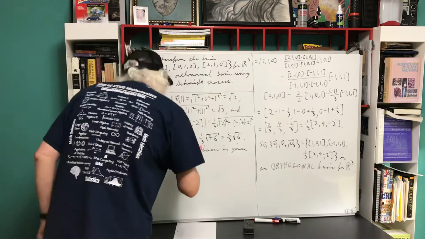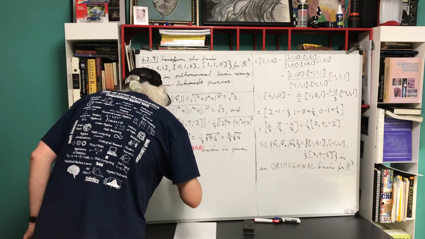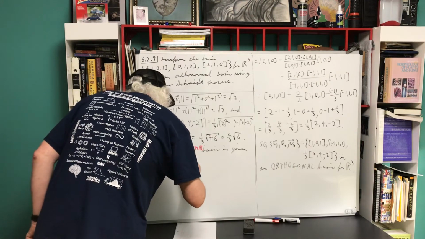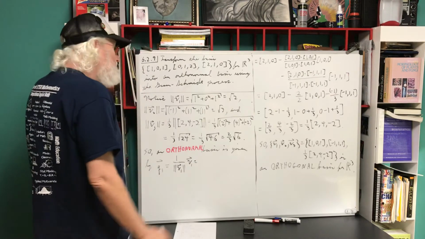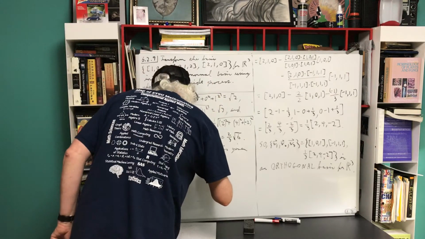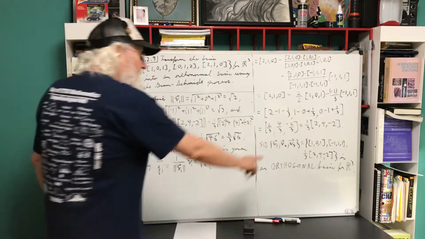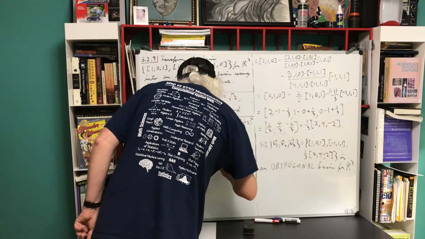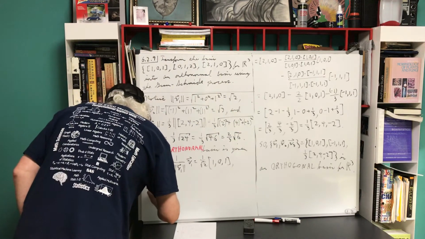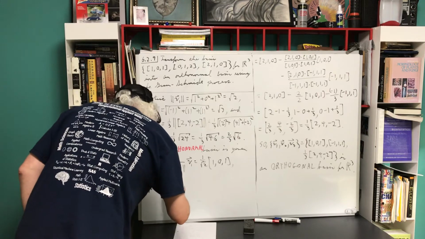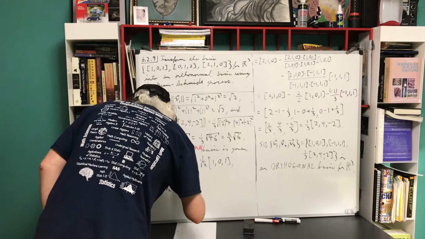An orthonormal basis is given by 1 over the magnitude of the first vector times the first vector. That magnitude was square root of 2. So we get 1 over the square root of 2 times vector v sub 1. Here it is, 1, 0, 1. The second vector in an orthonormal basis is v sub 2 normalized.